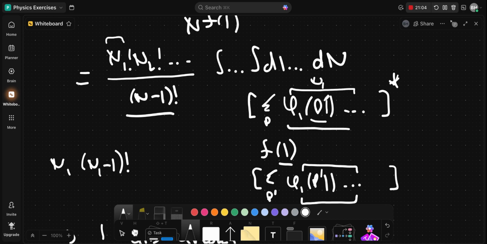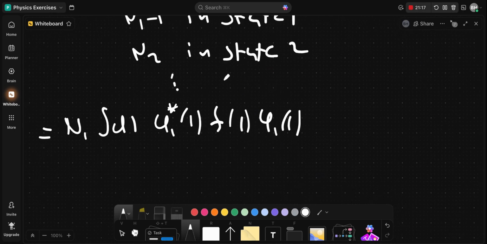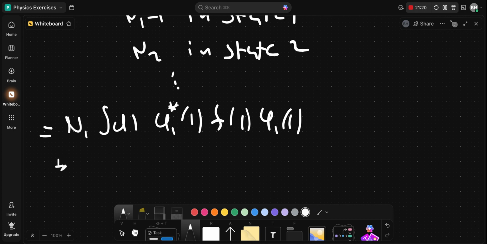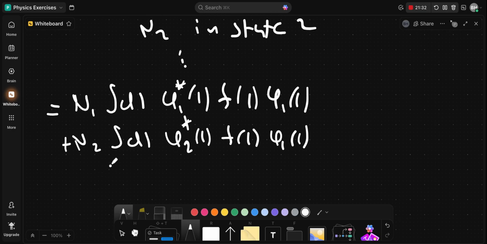At the same time, there's nothing unique about state 1. We could repeat the same process for n2, or for state 2, and it's obvious that we have to get the same result. So if we did the same procedure for state 2, what we would get is plus n2 integral d1 phi 2 star 1 f1 phi 2 1, and we would get this.